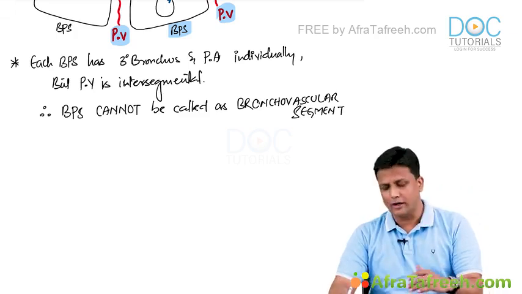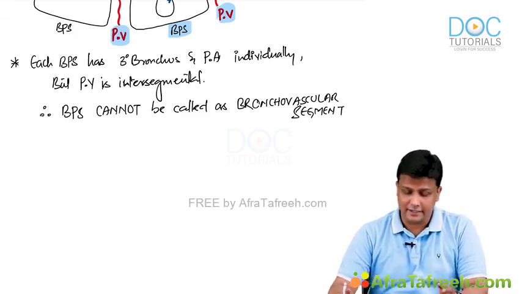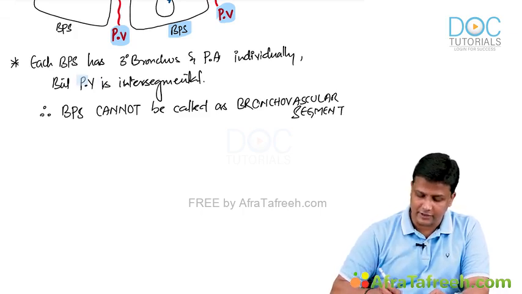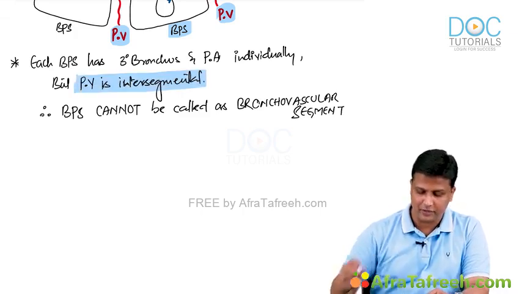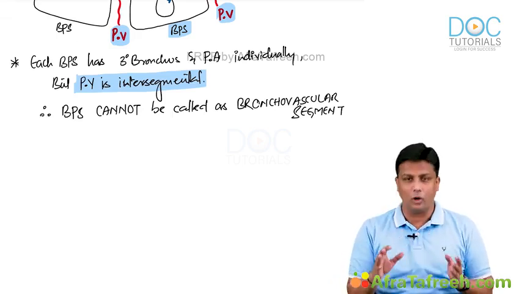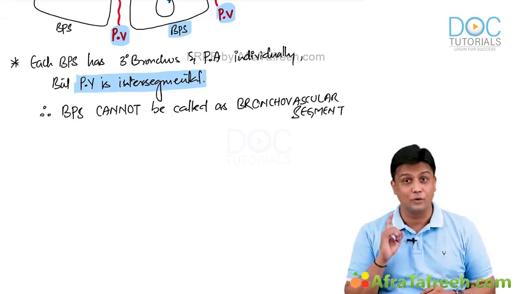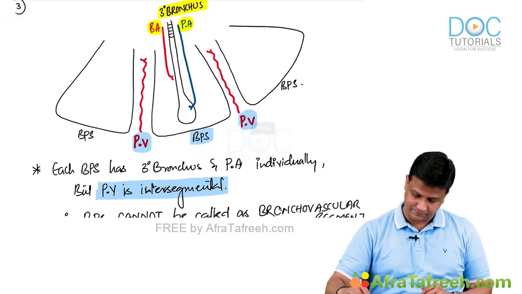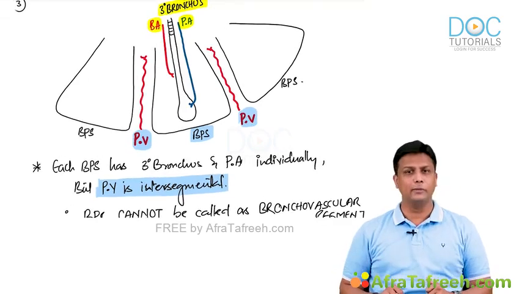So if it is asked again, why it cannot be called a bronchovascular segment, your answer is that the pulmonary vein is intersegmental. Because the pulmonary veins are intersegmental, you cannot call that bronchopulmonary segment a bronchovascular segment. Perfect. That's one beautiful concept to be remembered.